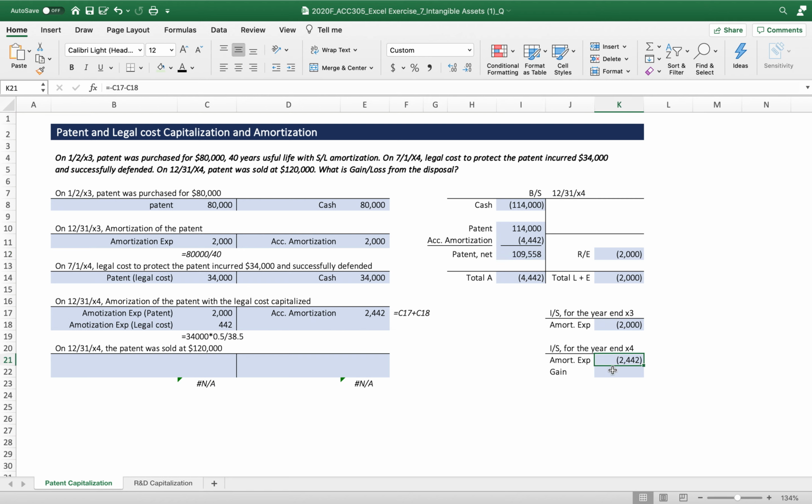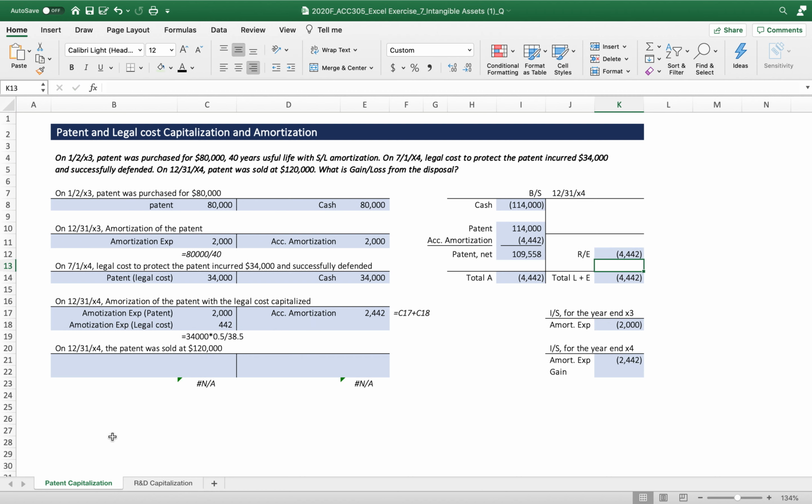We put everything. Okay, that amount should also be added to the retained earnings. So we matched out.